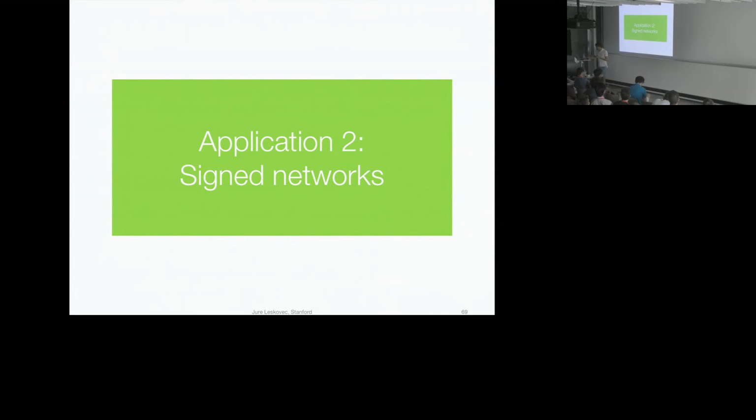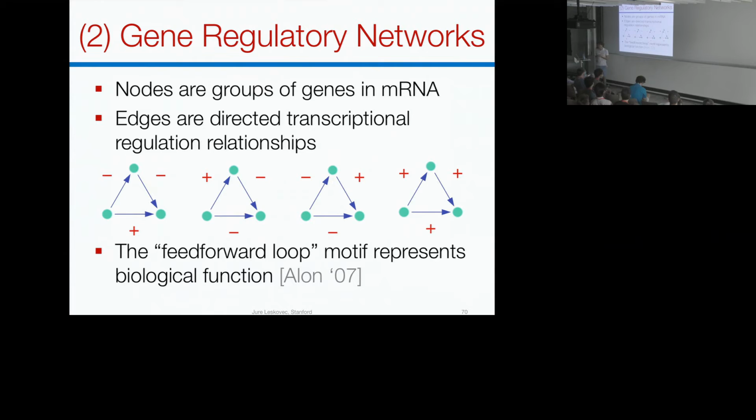Okay, that's the first one. I want to show you just one more, because this is interesting because you can apply it to signed networks. So here I'm applying this to gene regulatory networks, and the interesting thing is that regulation is a signed type of relationship. Biologists have said that feedforward loops are important to understand these types of networks.